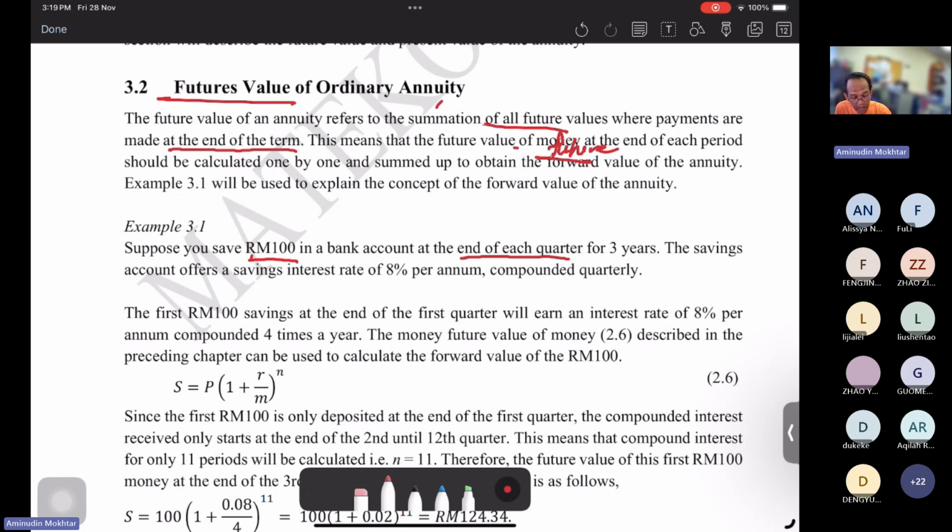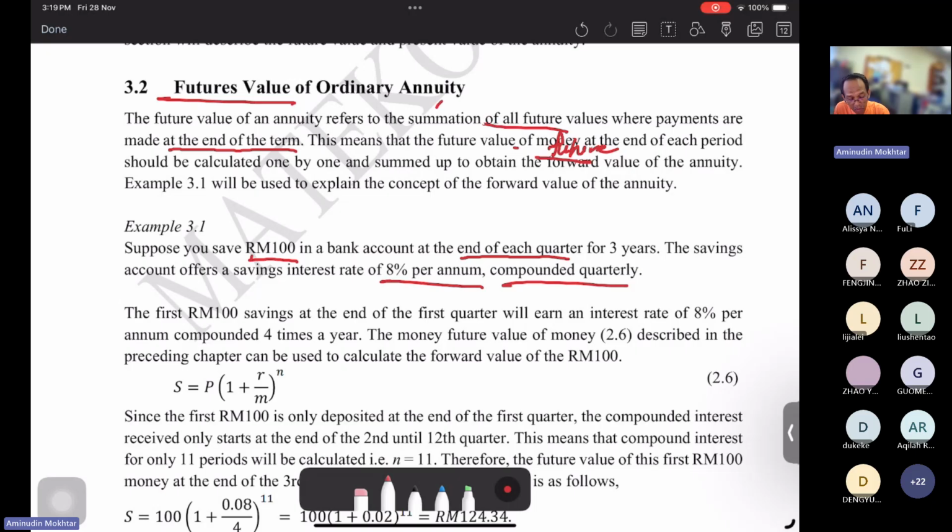The savings account offers an interest rate of 6% per annum, compounded quarterly. That's the data based on example 3.1.